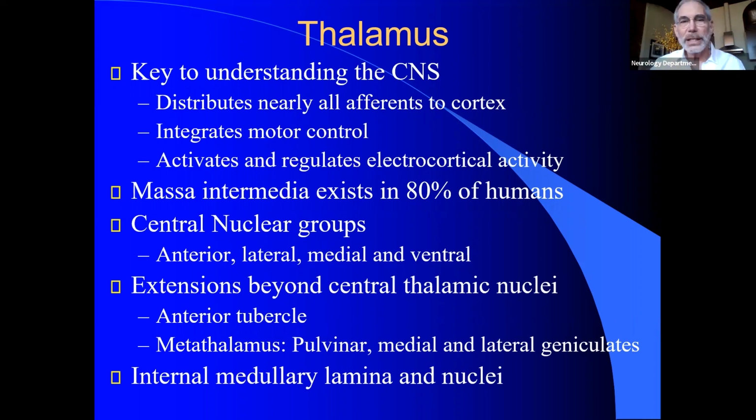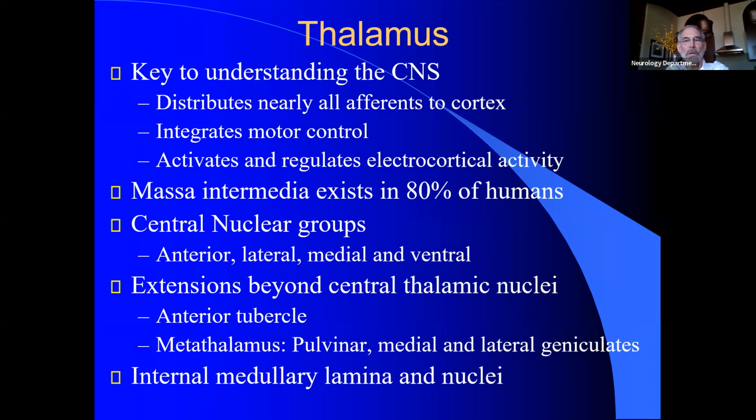The thalamus can be infinitely divided, but at the gross level, you can look at the central nuclear groups, and you can look at the extensions out of the central thalamic nuclei. A lot of people don't want to consider the anterior tubercle or the metathalamus as part of the thalamus proper.